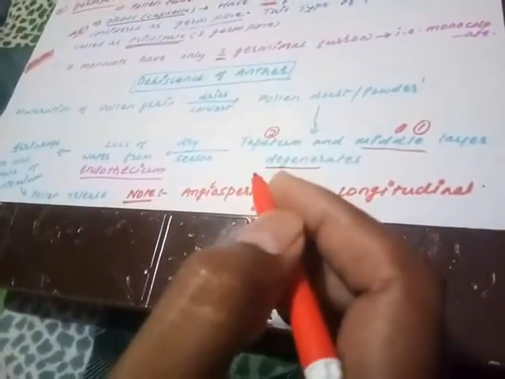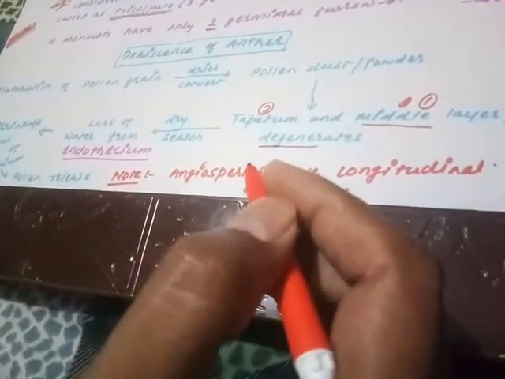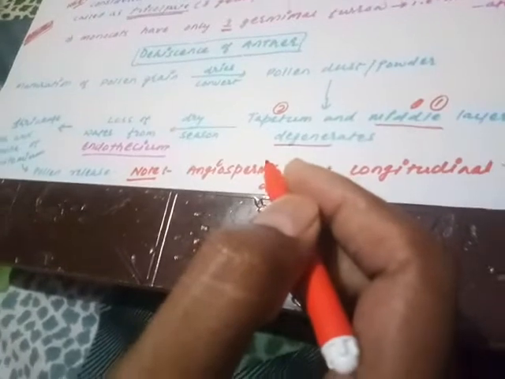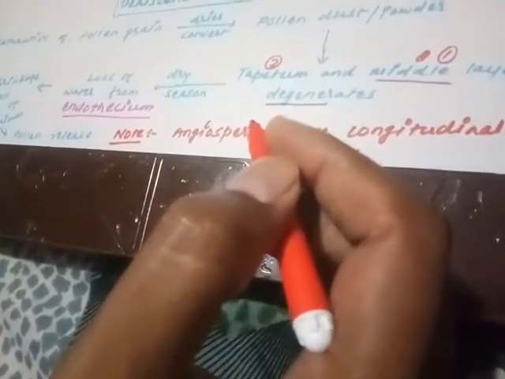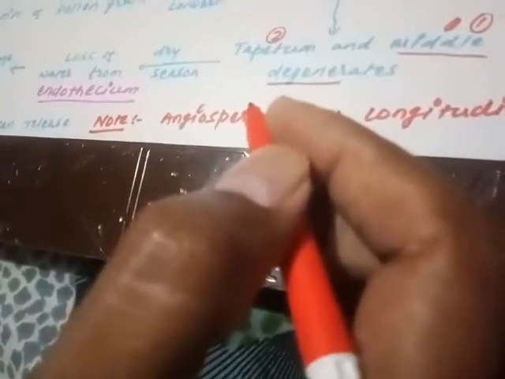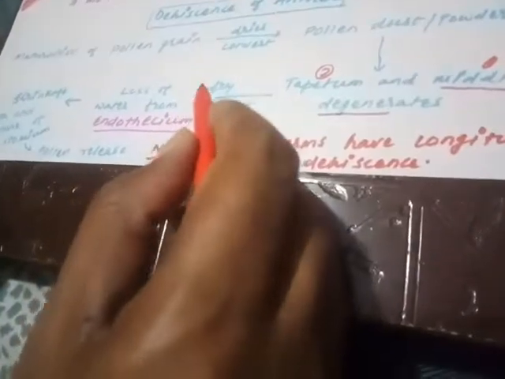Now the dehiscence of the anther, or release of pollen grain, occurs in the dry season only. Dry season means where very little moisture is available. So what happens in the dry season?